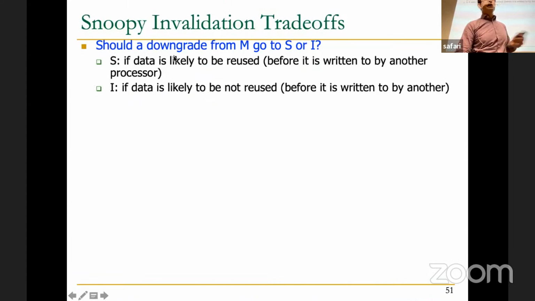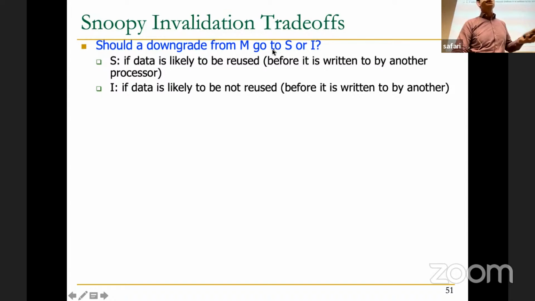For example, you go to shared if data is likely to be reused before it's written to by another processor. You go to invalid if data is not likely to be reused before it's written by another processor. Essentially, this is again the issue with update versus invalidate-based protocols, right? If you think that the data is going to be reused, maybe you go to shared.